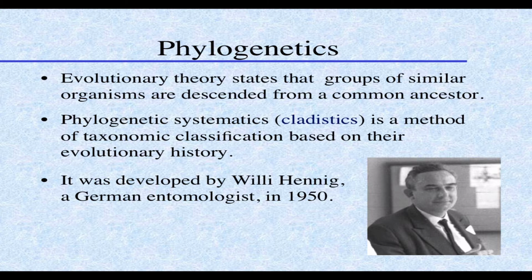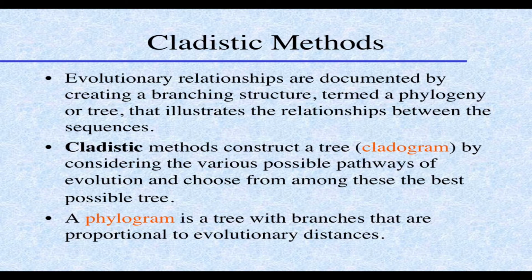Phylogenetic systematics, also known as cladistics, is a method of taxonomic classification based on evolutionary history. And this was developed by the entomologist Willi Hennig in the 1950s. And it represented a more rigorous mathematical approach to taxonomy. So in a cladistic method, you have features.